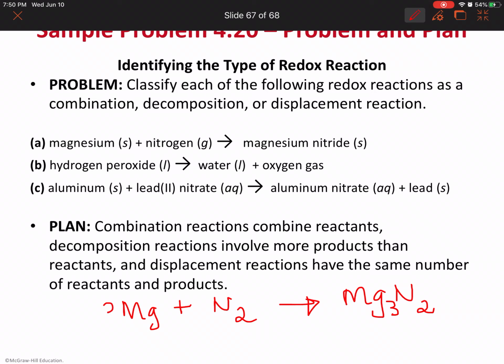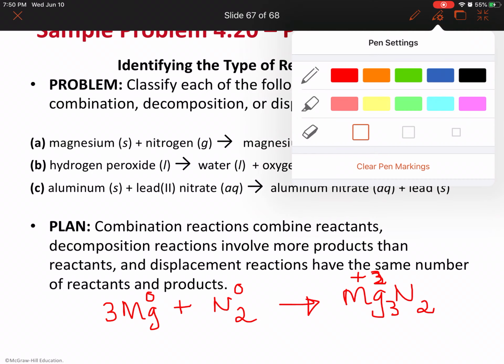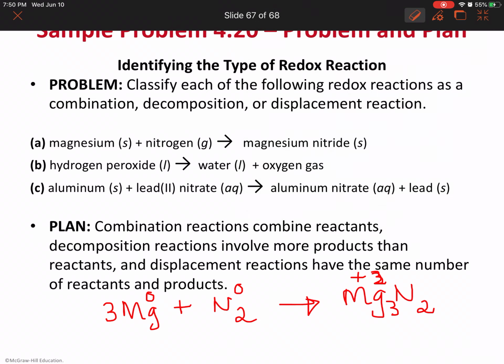And when you balance it, it becomes 3 magnesium over here. So the magnesium by itself, oxidation number 0. Nitrogen by itself, oxidation number 0. In magnesium nitride, magnesium is +2 and nitrogen is -3, oxidation number.